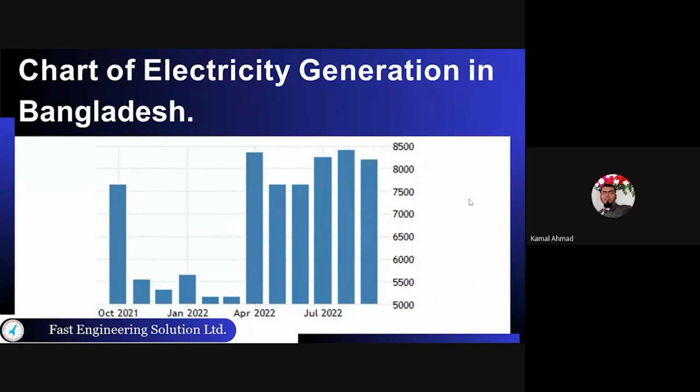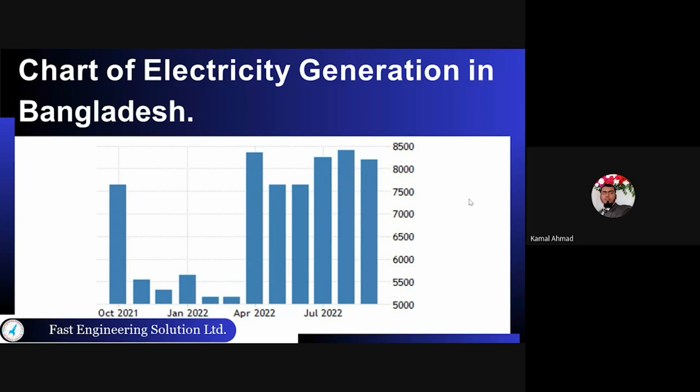Now you are looking at the current chart of power generation in Bangladesh. In October 2021 it was very high, almost 8,000 megawatt. From October to January, power generation is relatively low, because in the summer season we need high power, as the weather is very hot, but in the winter season our power demand is low.